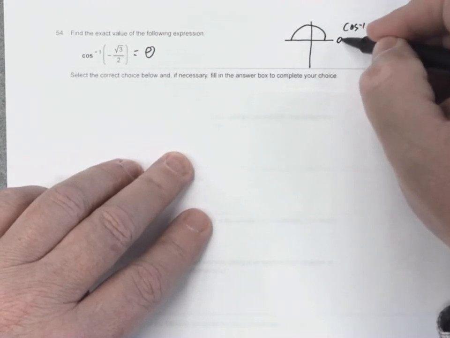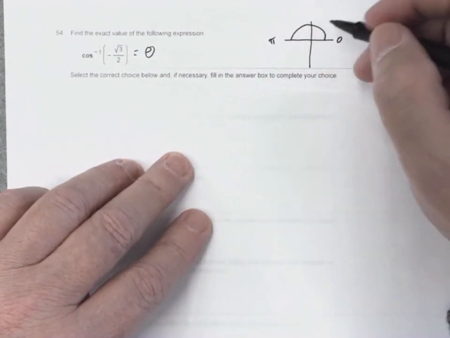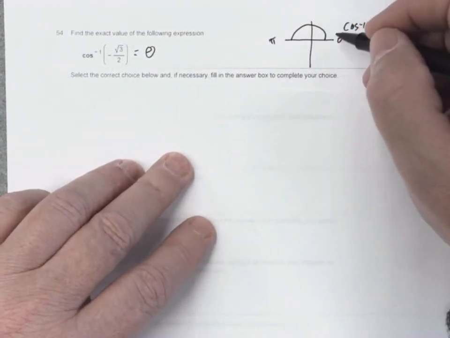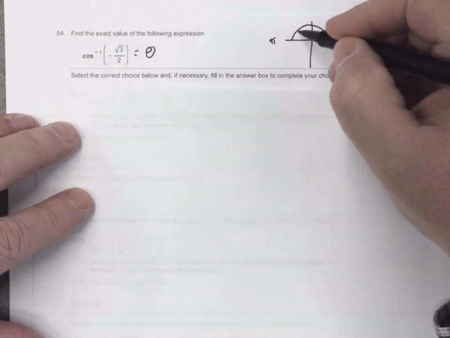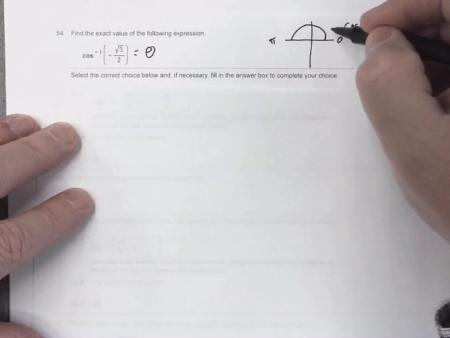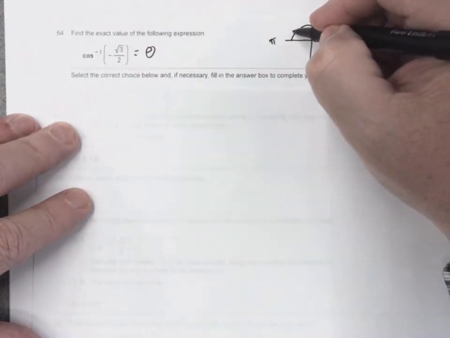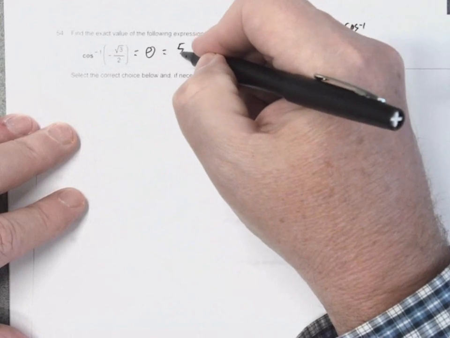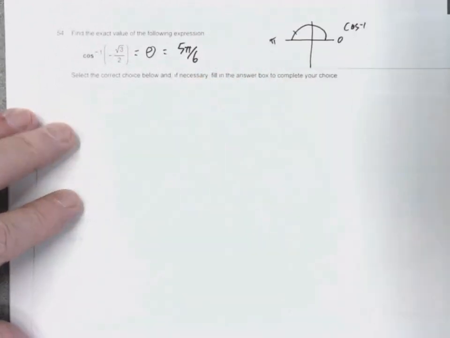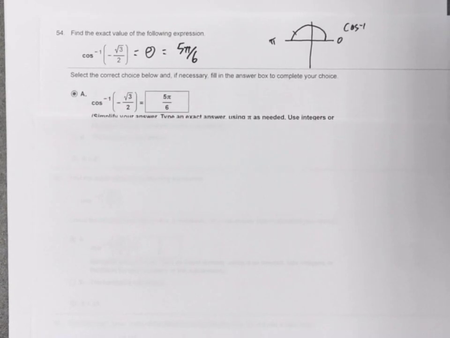Now the nice thing is it starts at 0 and it goes to pi, and it tracks exactly with the unit circle. Unlike the inverse sine and inverse tangent, where sometimes you may have negative angles. So I'm looking at the top half of the unit circle. What's the angle where the cosine is negative square root of 3 over 2? Well, actually, it's over here at 5 pi over 6. Boom. That's pretty straightforward.